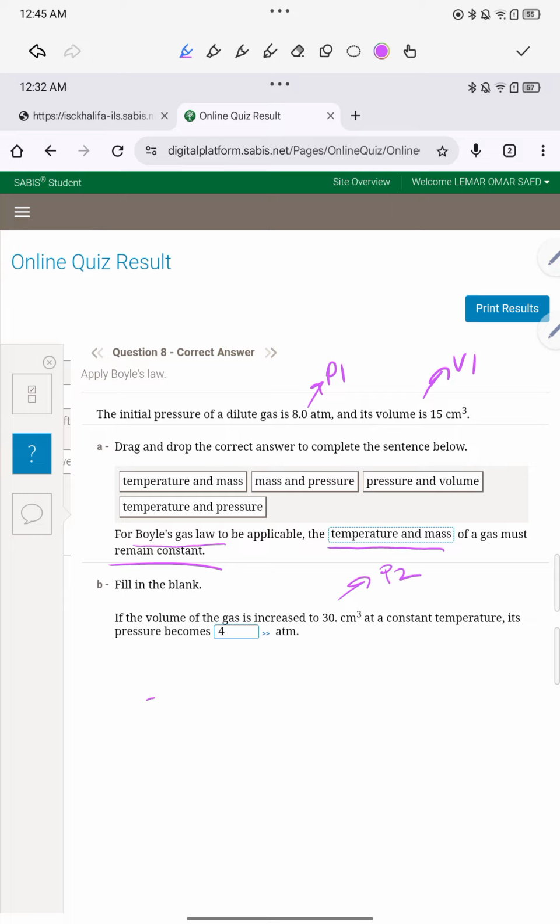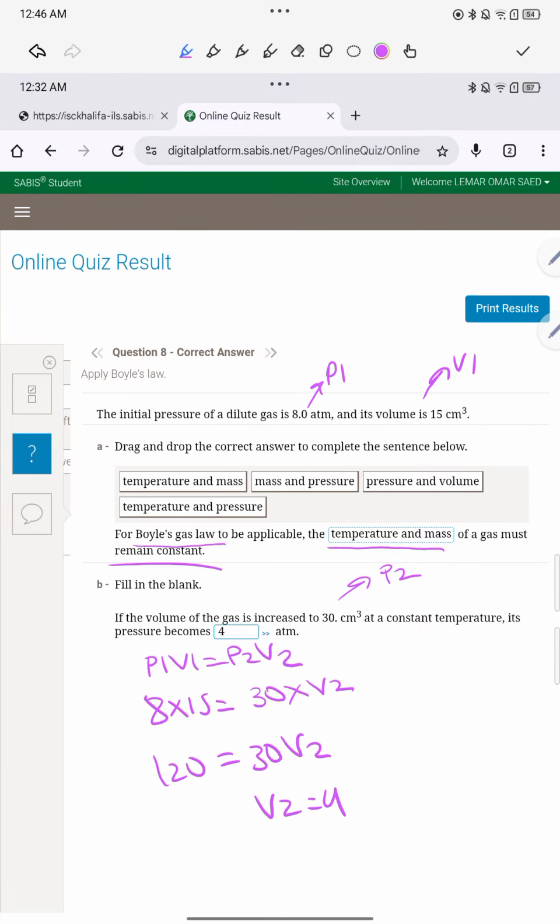So P1 V1 equals P2 V2. So 8 times 15 equals P2, so 30 times V2. 8 times 15 is equal to 120, which is equal to 30 times V2. V2 is equal to 4.